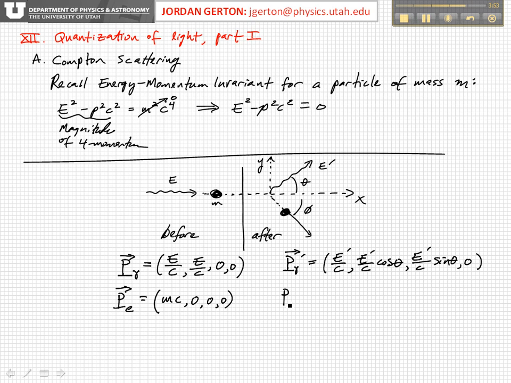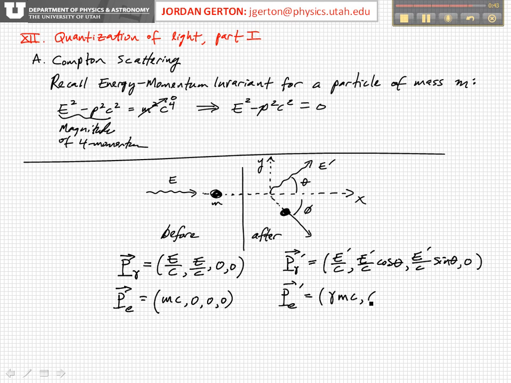If we look at the electron 4-momentum after the collision, the total energy is gamma mc, since it's moving now, so we have to add its gamma factor.